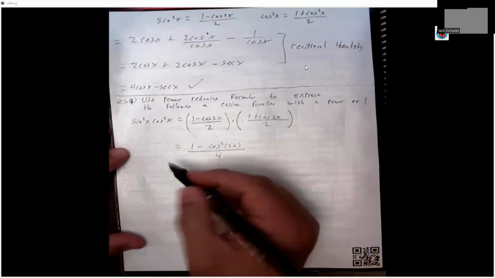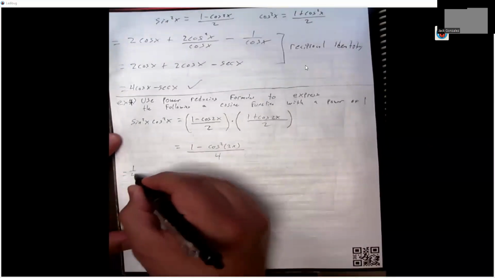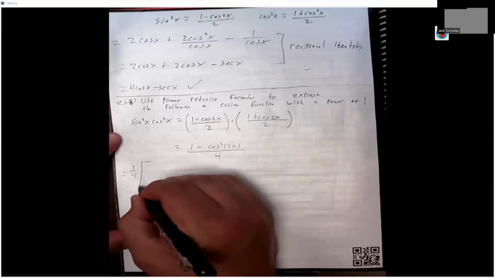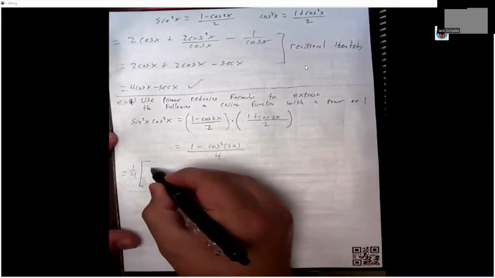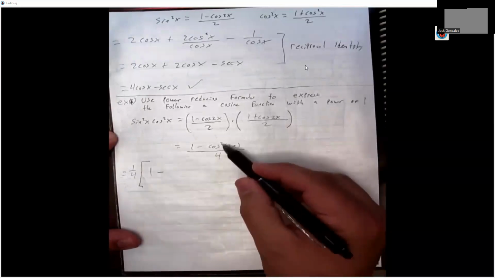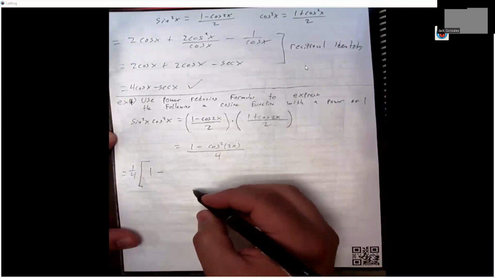What I'm going to do is factor the 1/4 out because I don't want to deal with the fraction right now. Just leave it out there. So I have 1 minus, so on the cosine squared 2x, this top part, apply the double angle again.